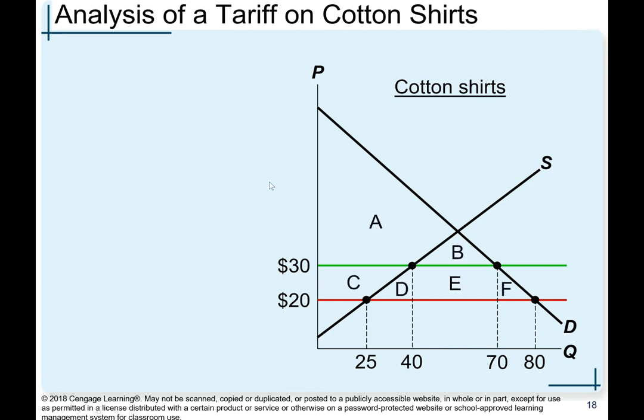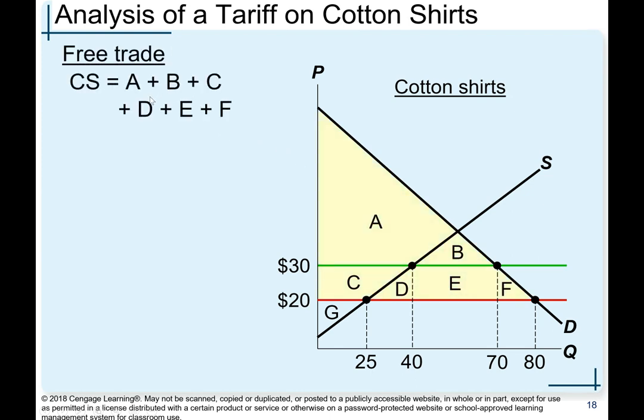So let's look at the effect of tariff on welfare. Under free trade, consumer surplus is A, B, C, D, E, F. No tariff, consumers are benefiting because the price of cotton shirts is low, and so consumers are happy.